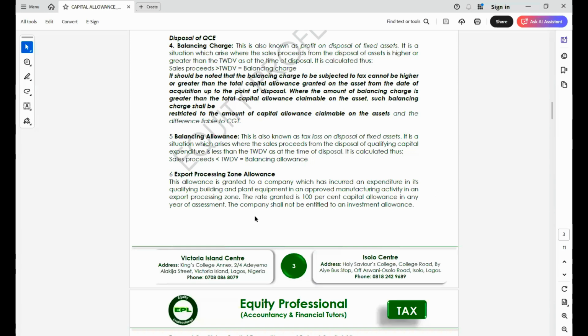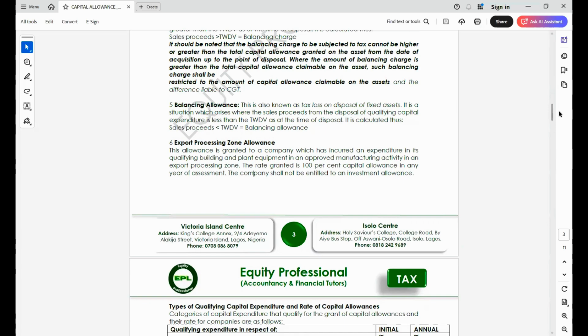So the company shall not be entitled to investment allowance. You know investment allowance is on building and plant expenditure, and plant equipment is available to investment allowance. So when your business is for the purpose of export and you have been given export processing zone allowance, you are not going to be entitled to any investment allowance again.